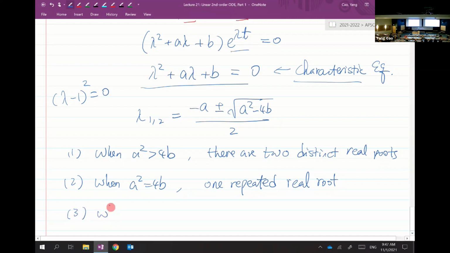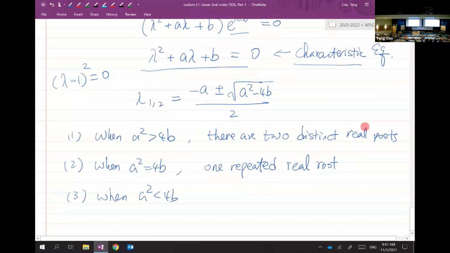So this is 2, and the last one is probably the most complex one: when a squared is less than 4b, then you get a negative number underneath the square root. And guess what we have as a solution for lambda? Imaginary, exactly, right? Or in other words, we get a complex number as a solution.